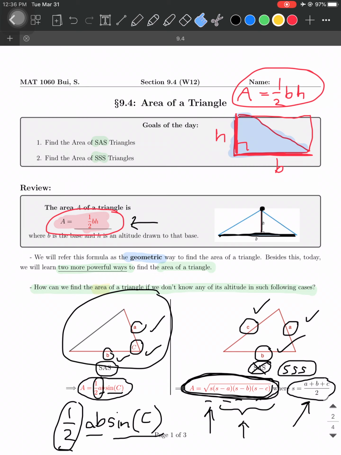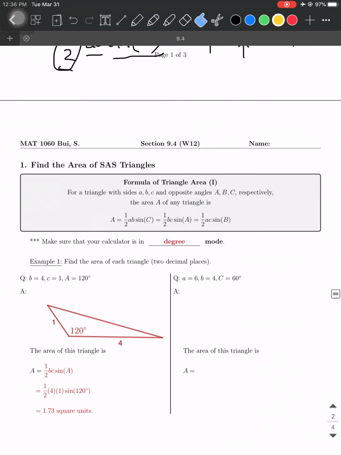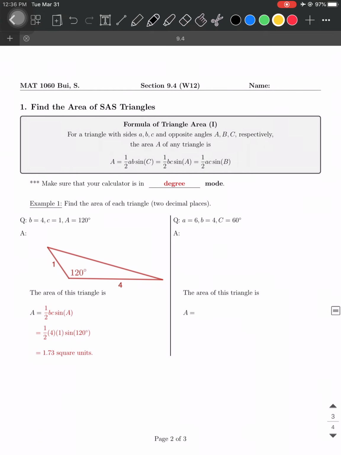And let's talk about examples to make more sense of what we just learned. So the first case in here, we're going to talk about the case of SAS, and this one is the formula that I used in the example that I just quickly introduced to you guys on the previous page. Besides that, we also have another formula for the angle A and the angle B. Okay, if you notice, they all look similar to each other.